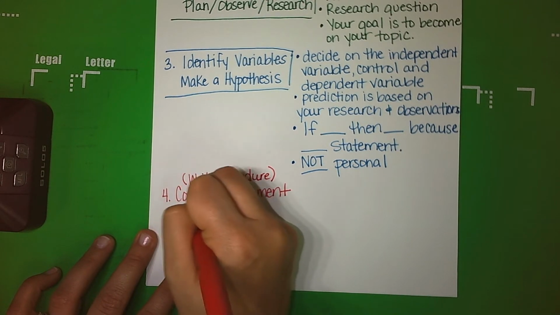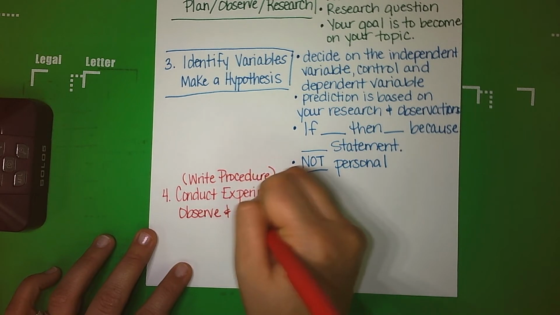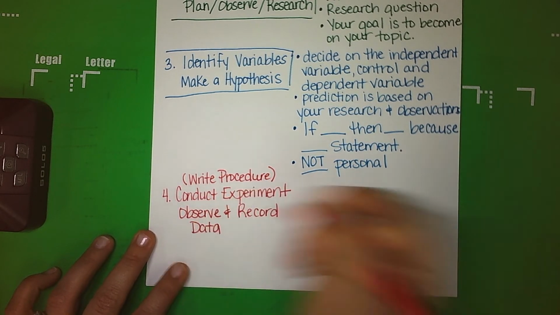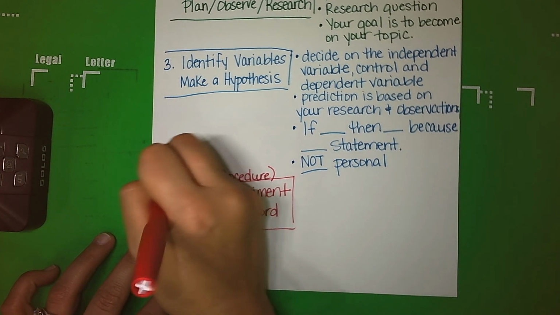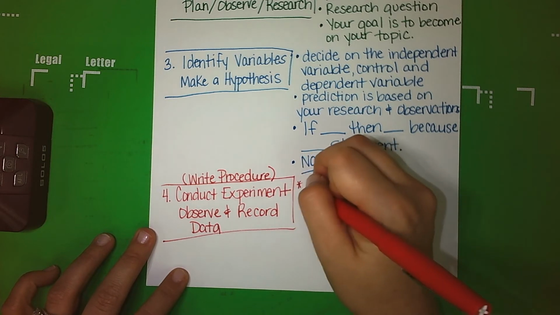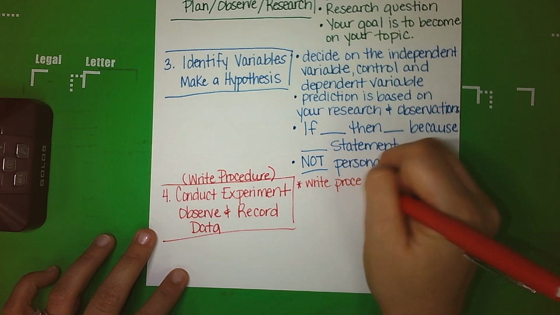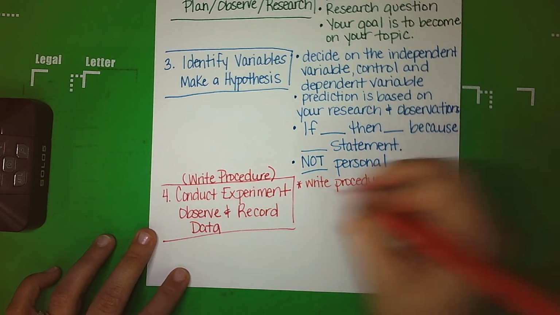Alright, this is where you're going to observe and record data. All of this is in the same step. Okay? Alright, so you write procedure so that someone else can replicate your experiment.